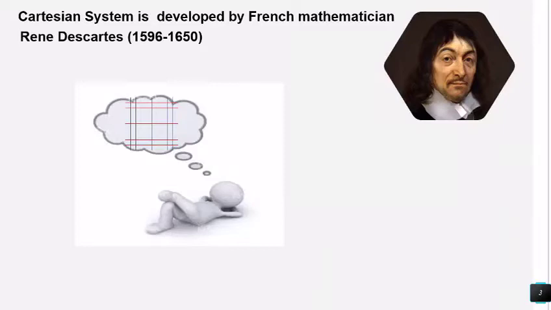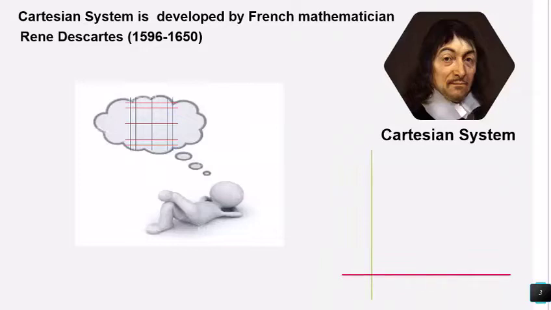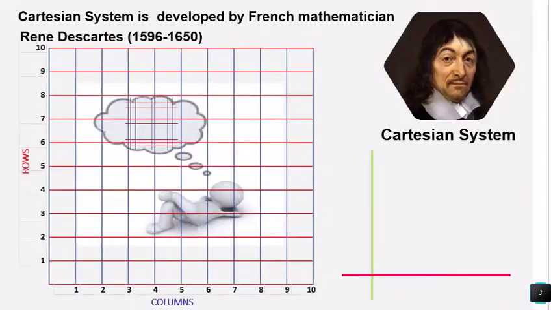Interesting, isn't it? Or you can call him lazy. One day, while resting in his bed, he wondered how he can locate a point in a plane. That was the origin of the invention of Cartesian system. He drew horizontal and vertical lines to create columns and rows on that plane.